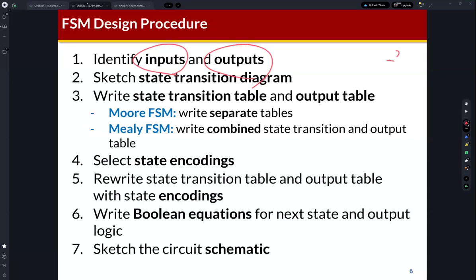So firstly, we need to identify input and output signals. So this is the system.